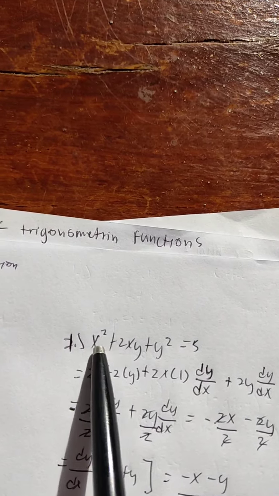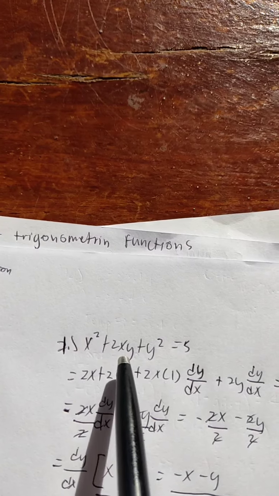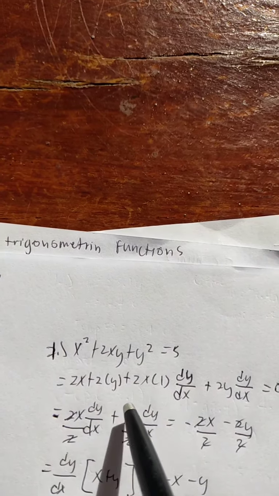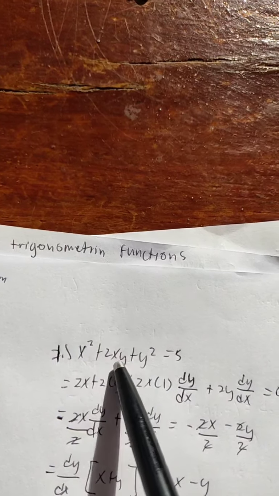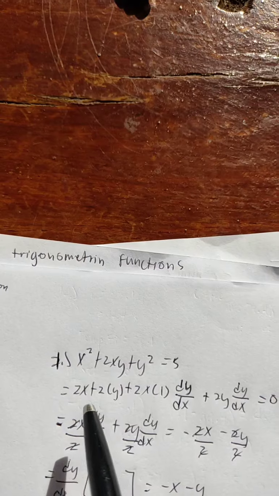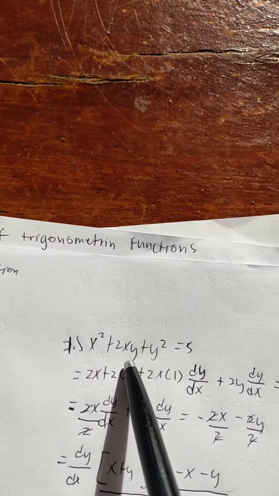The derivative of x squared would be 2x, and for 2xy we're gonna use the product rule, which is: get the derivative of one term and copy the other term, plus copy the first term and get the derivative of the other term.